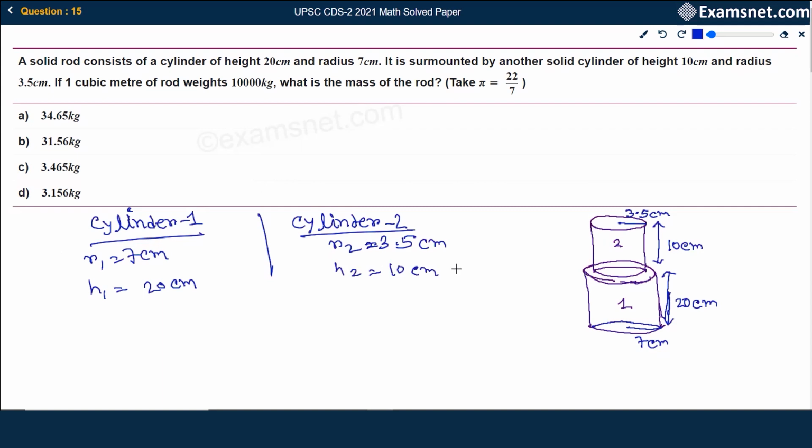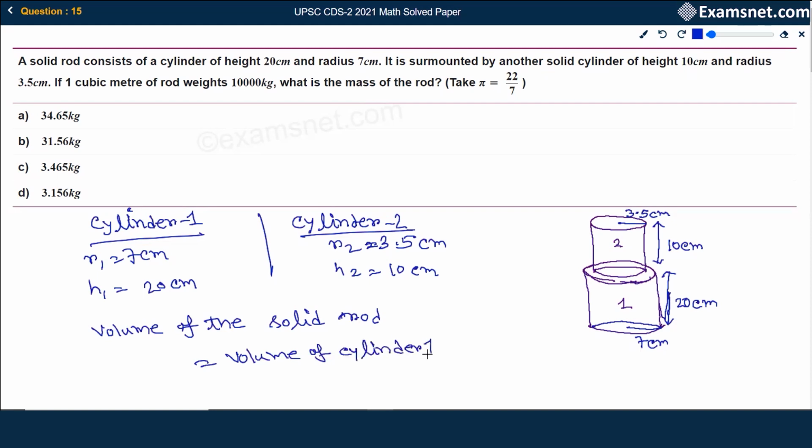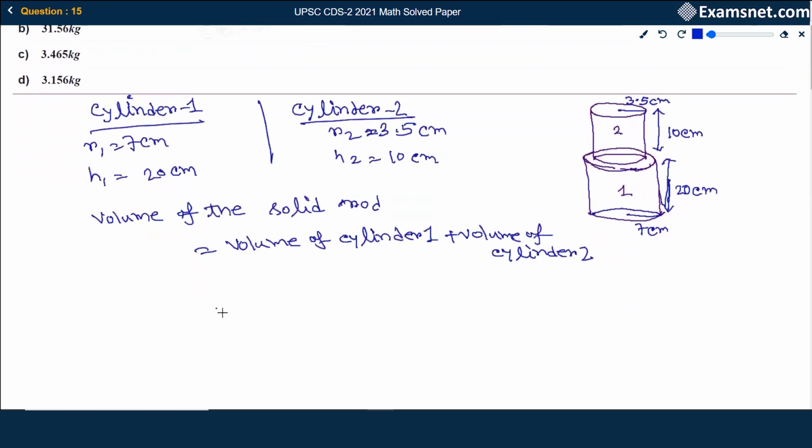Now, what will be the volume of the complete solid? That is the volume of cylinder 1 and the volume of cylinder 2. So the volume of the solid rod is the volume of cylinder 1 plus the volume of cylinder 2. Now, what is the formula for finding volume?